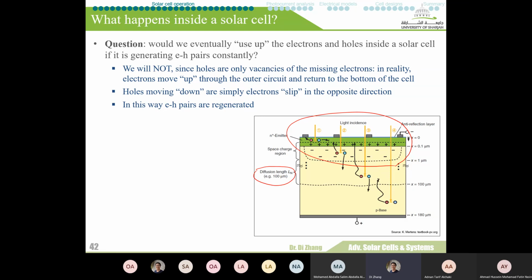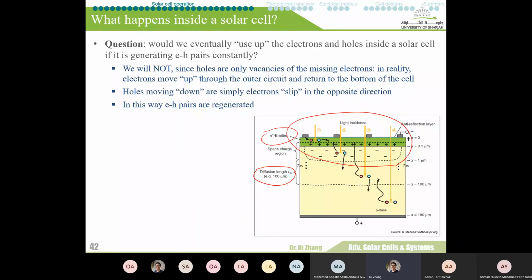Remember in the top layer, the top N plus emitter, for the first case, in this region you have a very, very short diffusion length. So immediately the generated electron and hole pairs will be recombined. So from this region, we do not expect too much current generation.